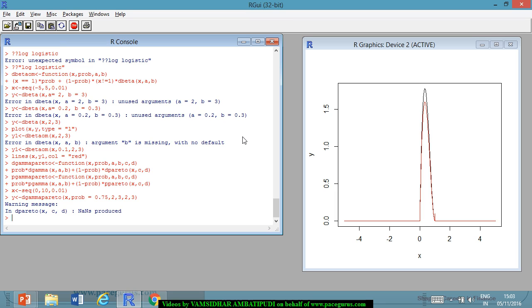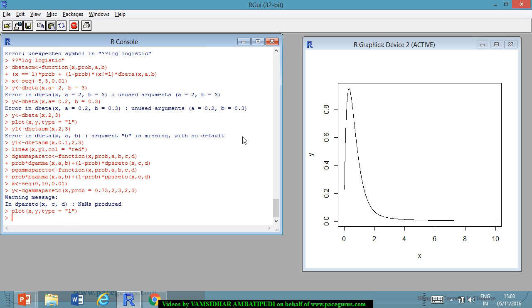Let's see why. Now based on this I can go ahead and generate a plot of X comma Y, wherein I am setting the type equal to L. A line chart is what I want to plot. And this is how my D gamma Pareto is coming out.